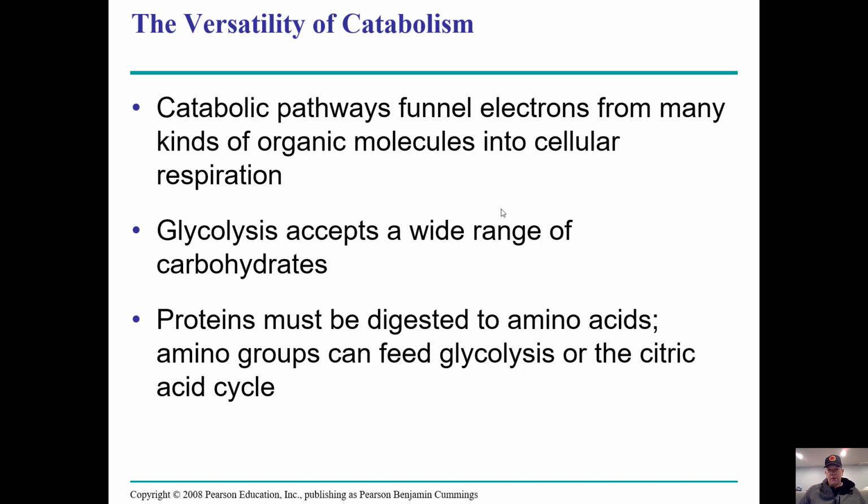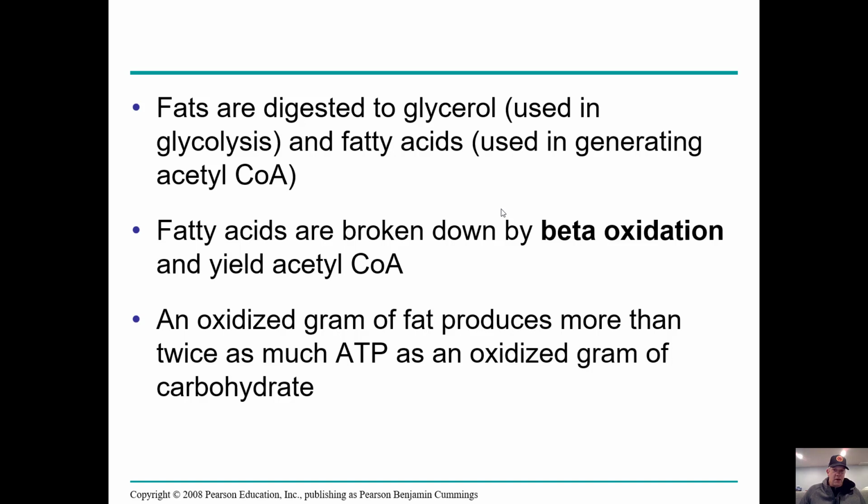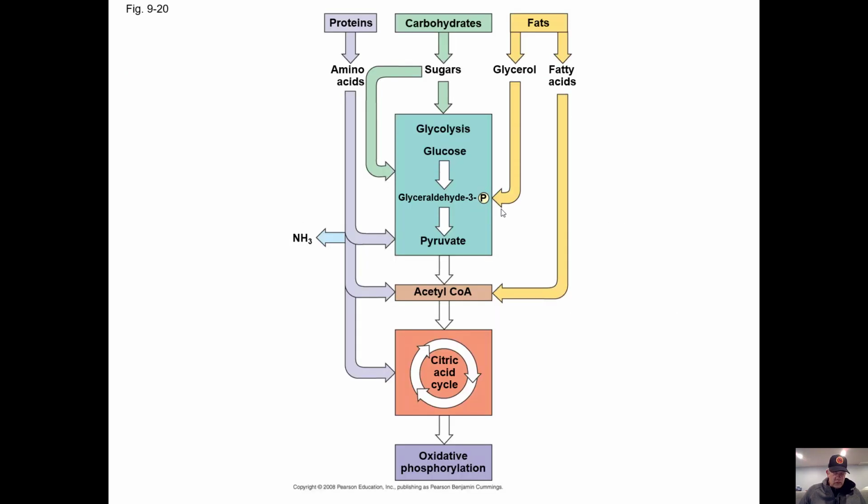One of the interesting things is that we focus on glucose in cellular respiration. I just want to take a quick moment to say this is already complex enough, but here's a simple view of how complicated this is, because as you know, we don't necessarily just use monosaccharides as our energy molecule.